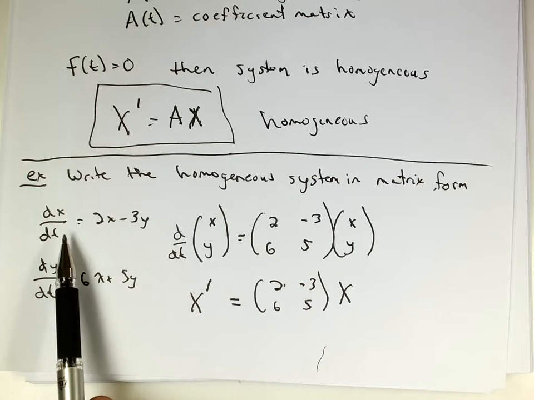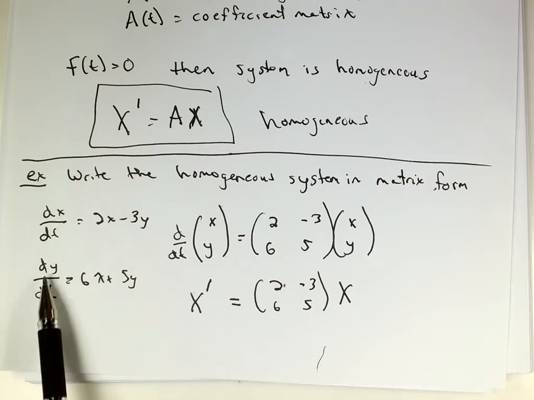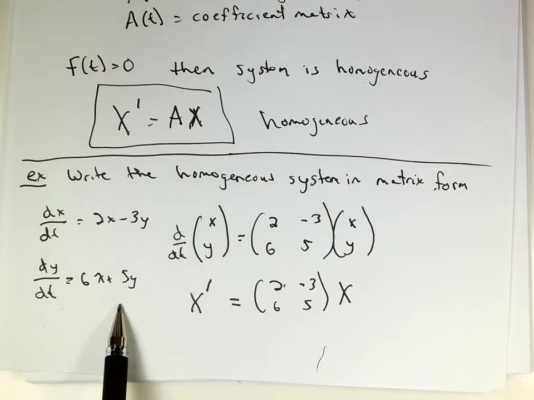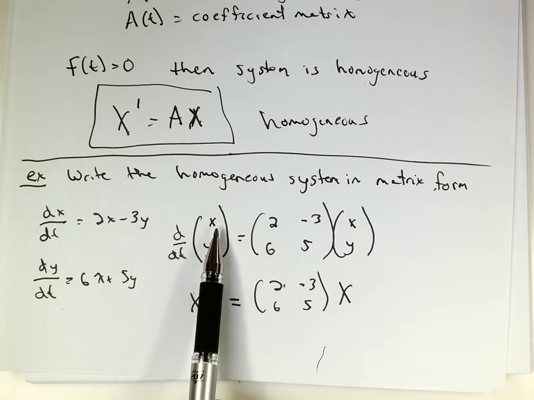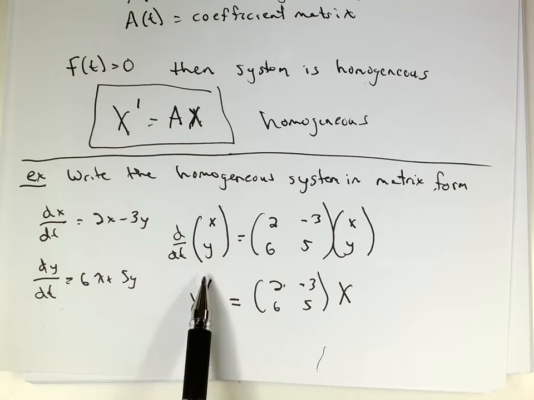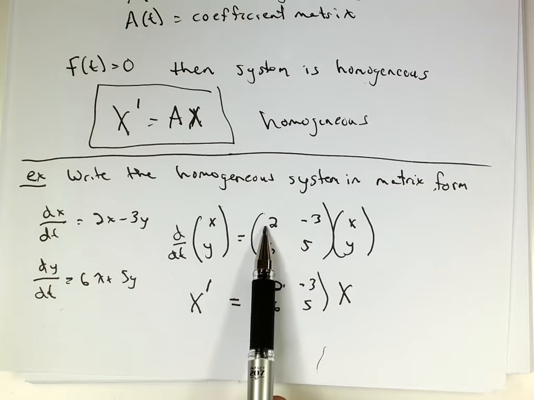So I have dx/dt is 2x minus 3y, and dy/dt is 6x plus 5y. To write it in matrix form, I want d/dt of (x, y), and that's going to be my x prime. Then I have the coefficients.